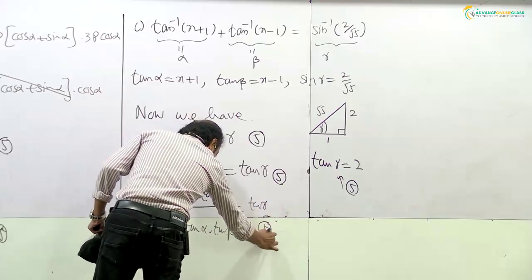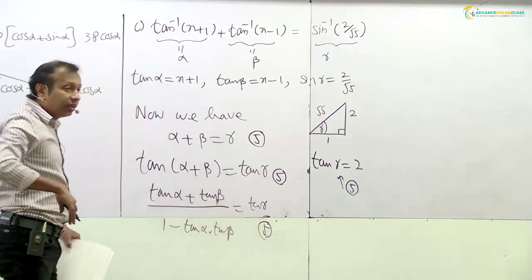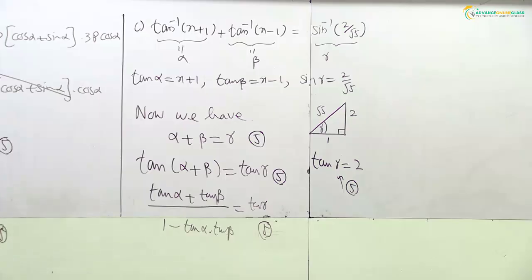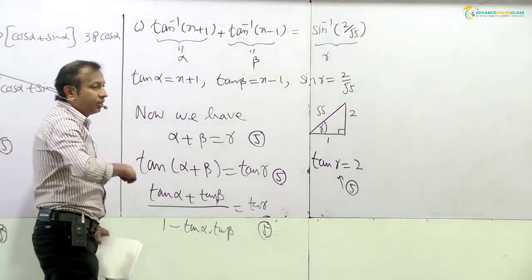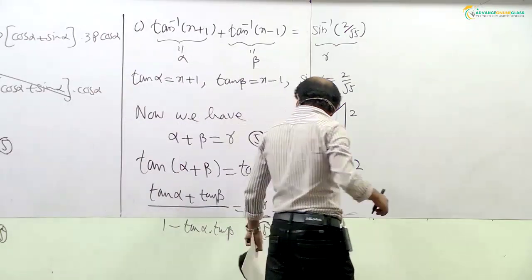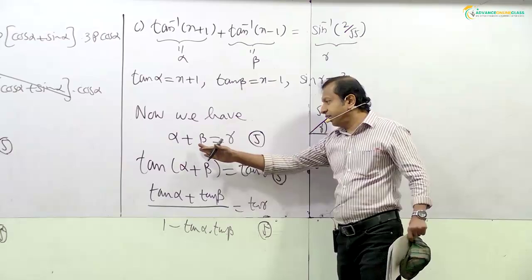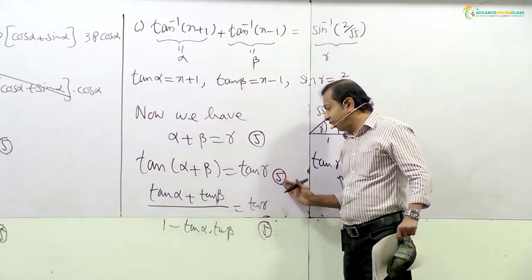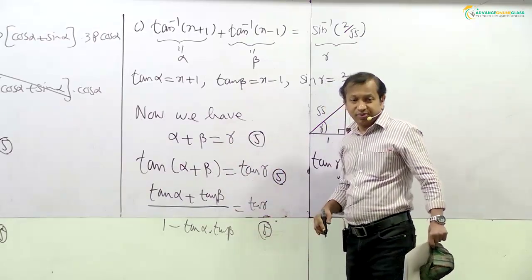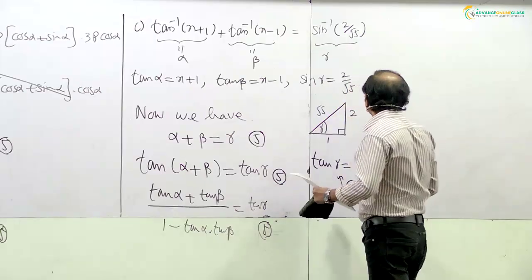For this also 5 marks are given. So the same marking I use here in the paper. In the marking, the original marks I distribute here. See here, for taking tan in this one 5 marks are given, taking tan on both sides 5 marks are given, and for the expansion 5 marks are given.